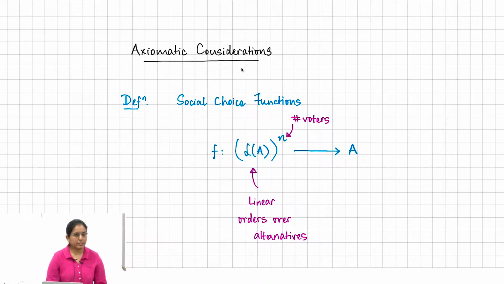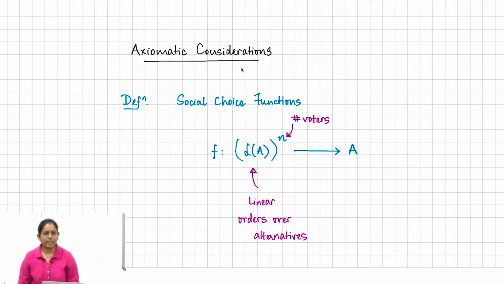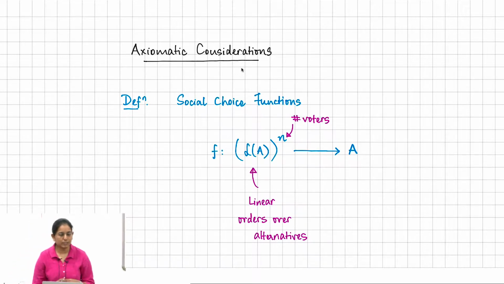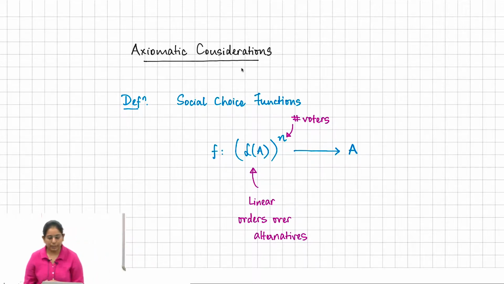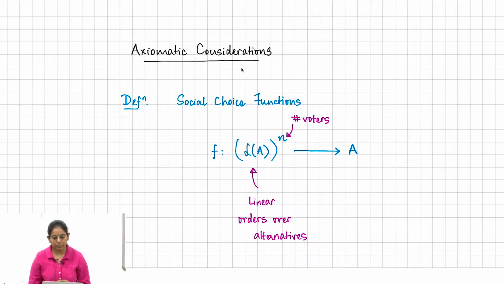So the output is a single candidate rather than a ranking, and frequently in many applications this is also what we are interested in. We want to elect a winner or a leader, or we want to figure out where we want to go for dinner. So this is not an unreasonable relaxation to consider, and let's investigate social choice functions for some time.